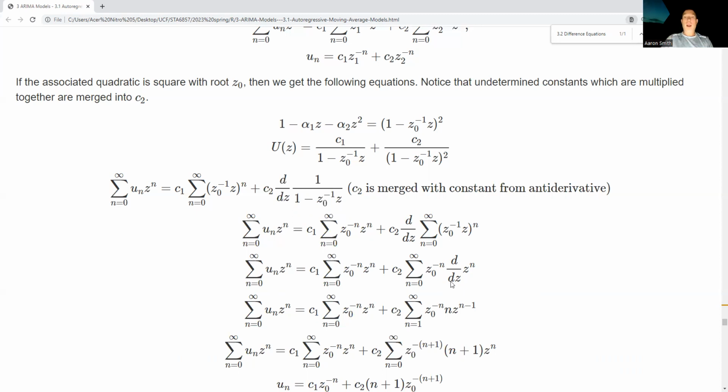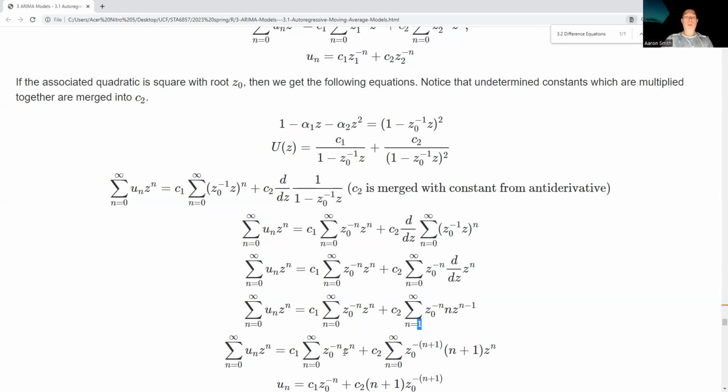So I take the derivative here, and boom, I've got this. So now I just start cleaning stuff up, make it nicer, make it easier. I now realize that the constant, the n equals 0 term, disappeared when I did the derivative. So we need to do a little bit of modification.